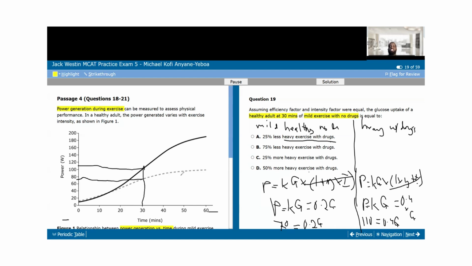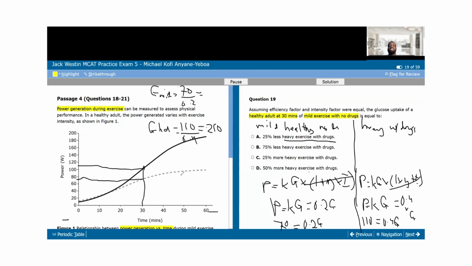So in other words, our G for our mild is 70 divided by 0.2. And the G for the heavy individual with the drugs, like with the drug that they gave to the person, is going to be 110 divided by 0.4. I can round this to 100. If I round it to 100, then it means it's going to be probably like 250-ish.